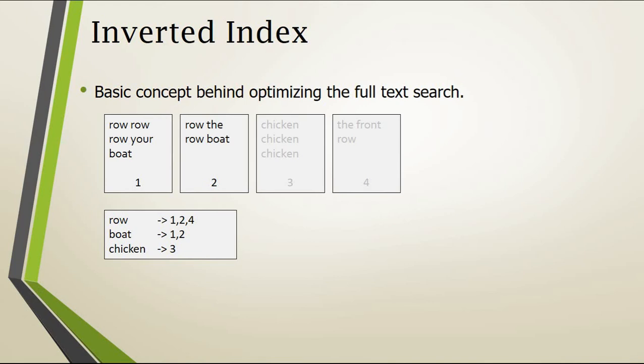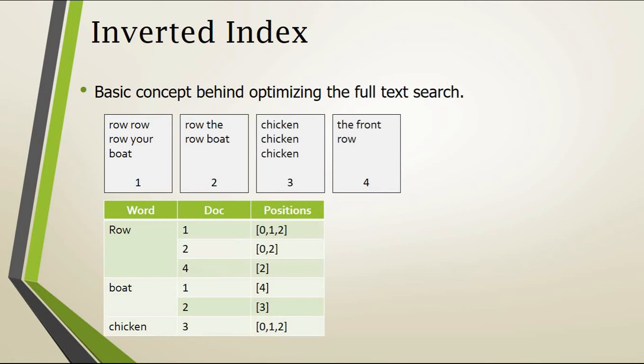Then we'll have to go through the remaining 2 documents to find whether they contain the phrase we are looking for. So it's a doable thing, but is it the best way of doing what you want? This is where the inverted index comes in.